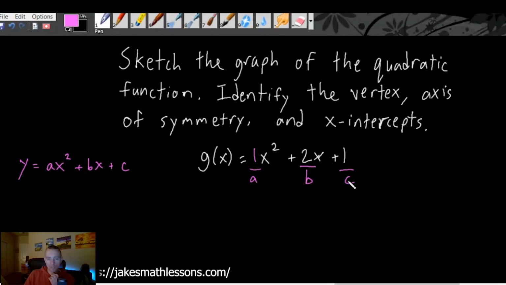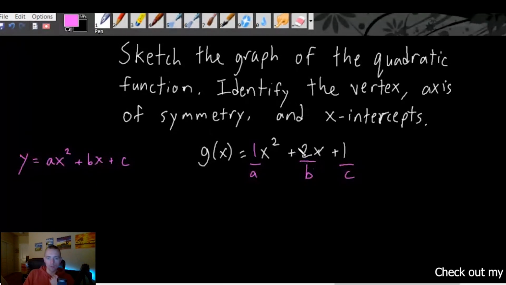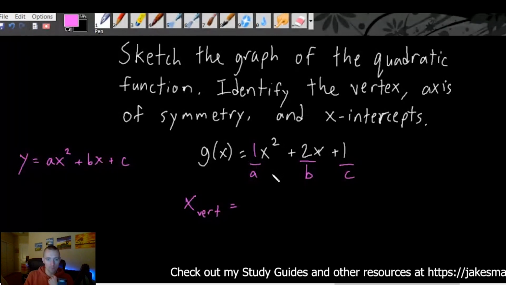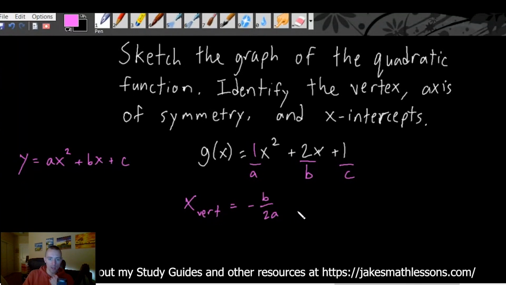Once you've identified that you have it in ax squared plus bx plus c form, and identified your a, b, and c, you can pretty easily find the vertex. All you have to do is use the fact that the x coordinate of the vertex of a quadratic function in this form is negative b over 2a.